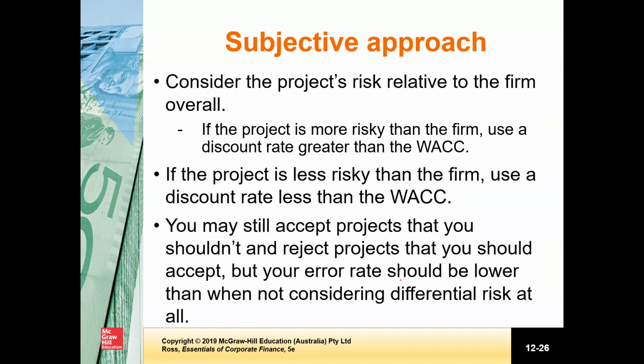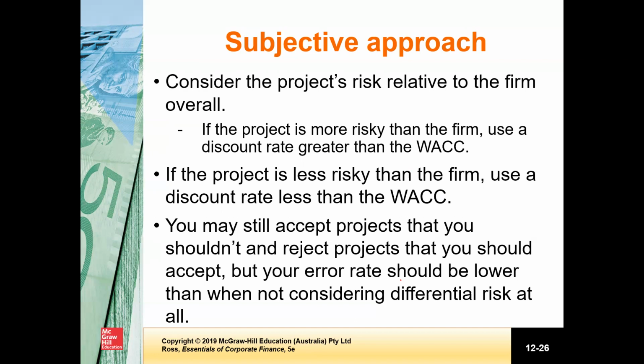We also can go for a subjective approach because of the difficulties that exist in objectively establishing the discount rate for individual projects. Firms often adopt an approach that involves making subjective adjustments to the overall weighted average cost of capital. To illustrate this, suppose a firm has an overall cost of capital of 14%, and it has several categories of projects, for example, new product, cost savings, replacement, and pollution control.